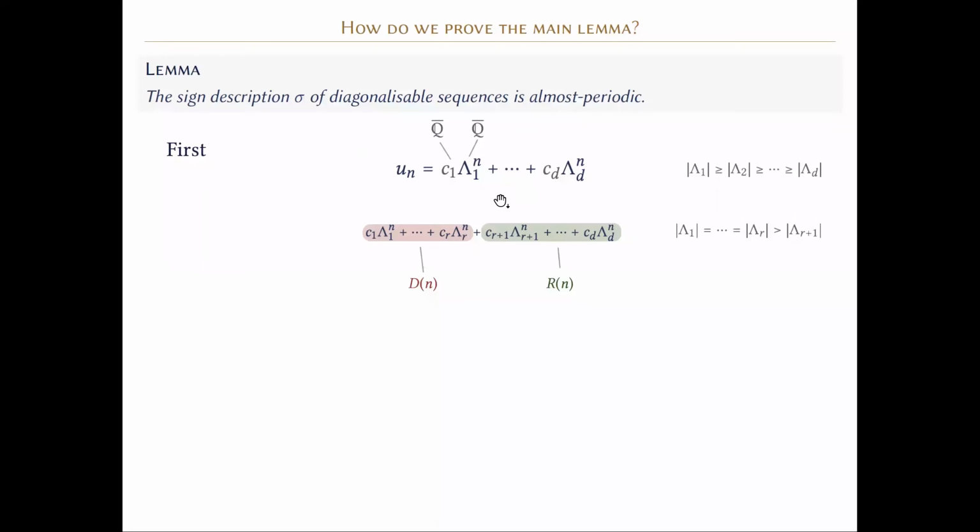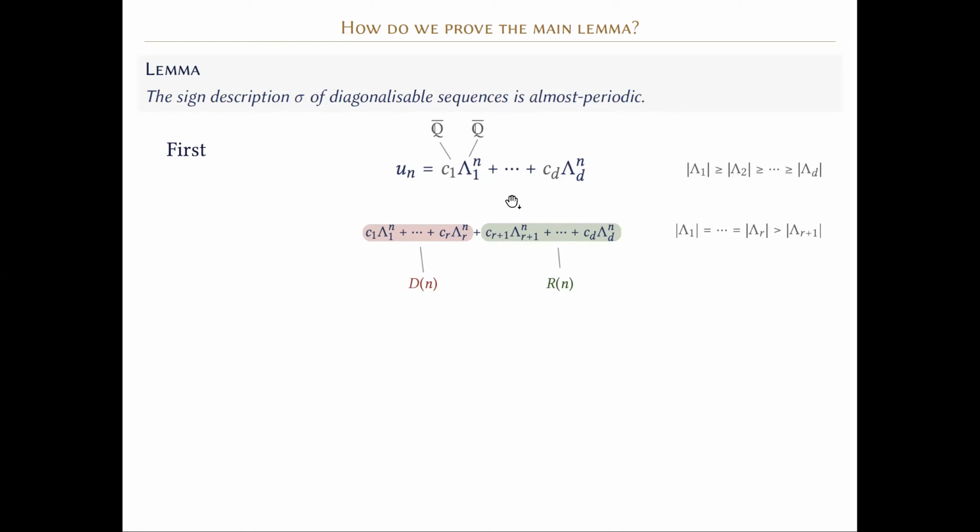So recall that the linear recurrence sequences could be written in the form that was a sum of powers of lambdas. So if a sequence is diagonalizable, then this form has a particularly simple shape where the coefficients are algebraic numbers. They were allowed to be arbitrary polynomials before. So a diagonalizable sequence can be written as a linear combination of lambda_1 to lambda_d raised to the power n with algebraic coefficients.